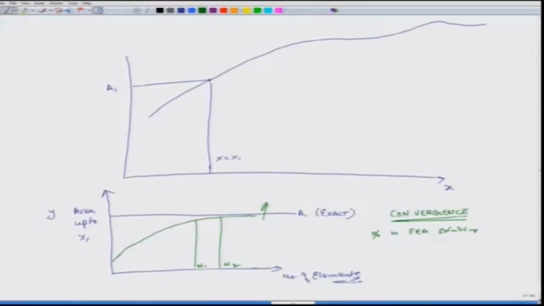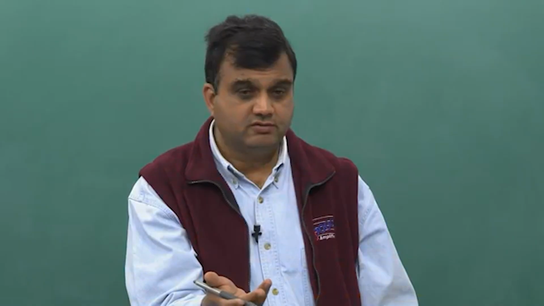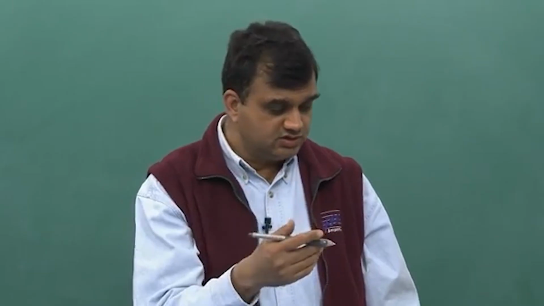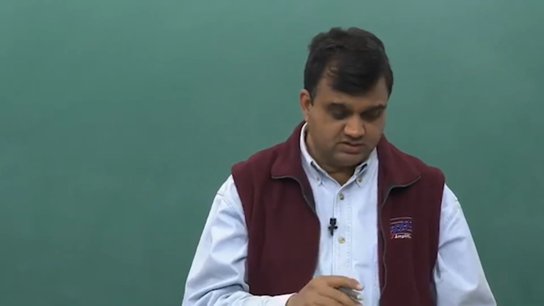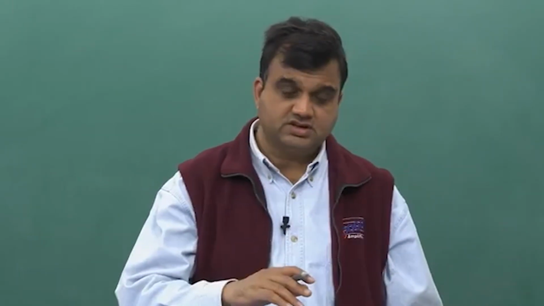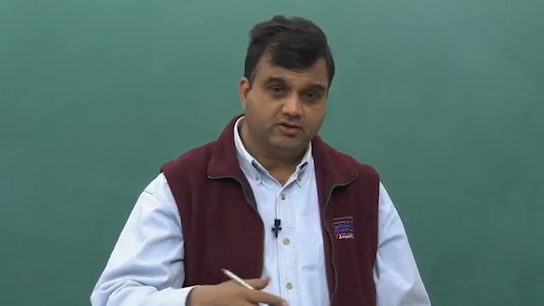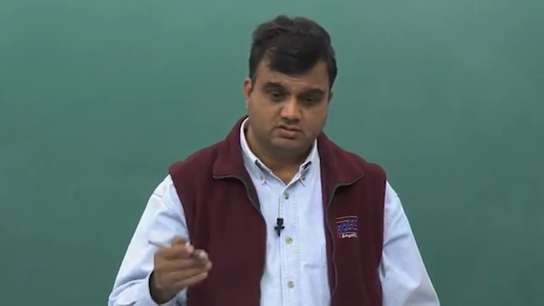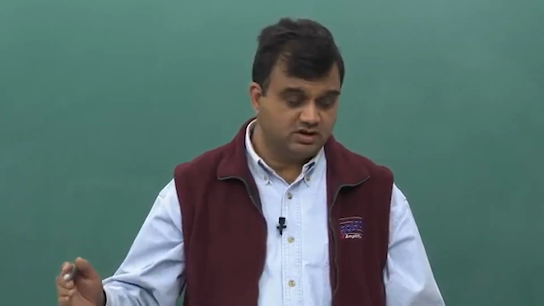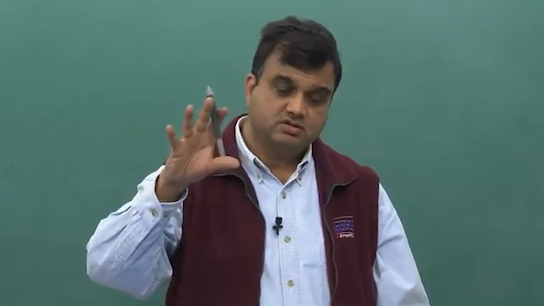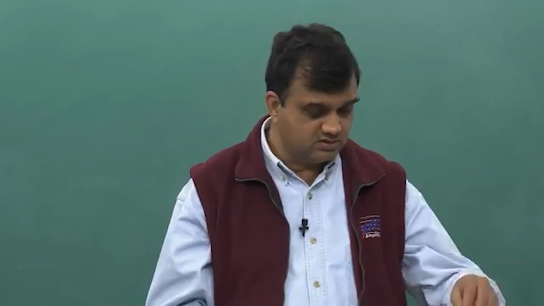If it changes 0.01%, I am probably perfectly fine with that kind of solution. Okay, so this is what is known as convergence. Convergence is always related to how many elements we have used. As the number of elements increases, we approach the actual solution.